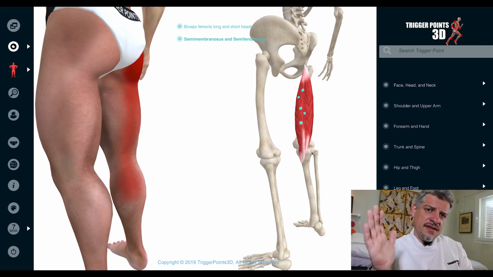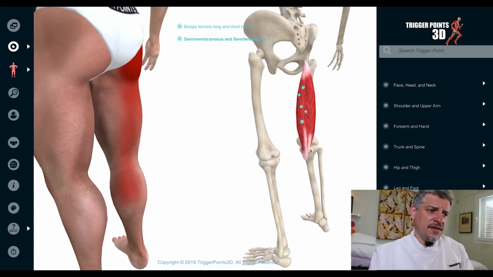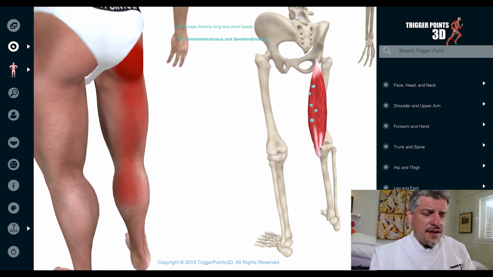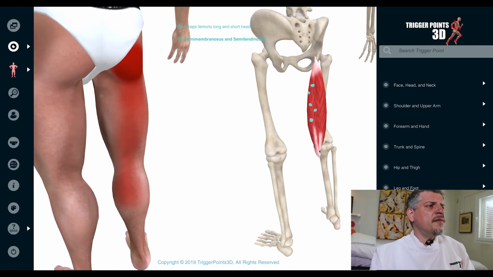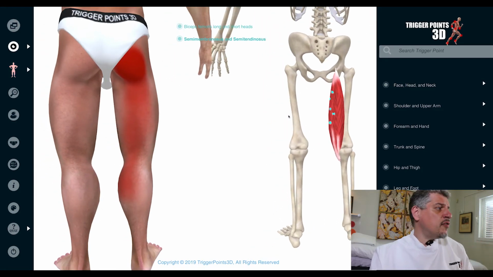And the pes anserinus is there partly to deflect varus and valgus kind of movements of the knee. So that's the pes.